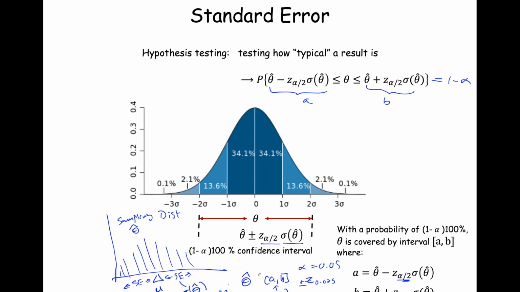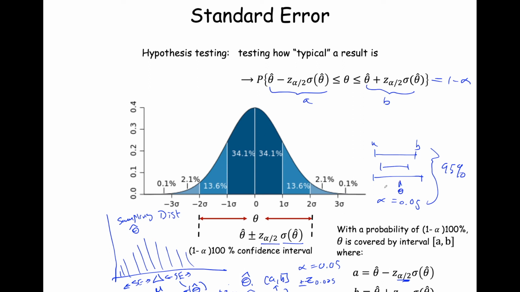This AB is going to change if you use another theta hat. AB could be this interval, it could change to that interval, or to that interval. But regardless of what your AB interval is, if alpha is equal to 0.05, that means 95% of these are going to cover our ground truth unknown parameter theta.